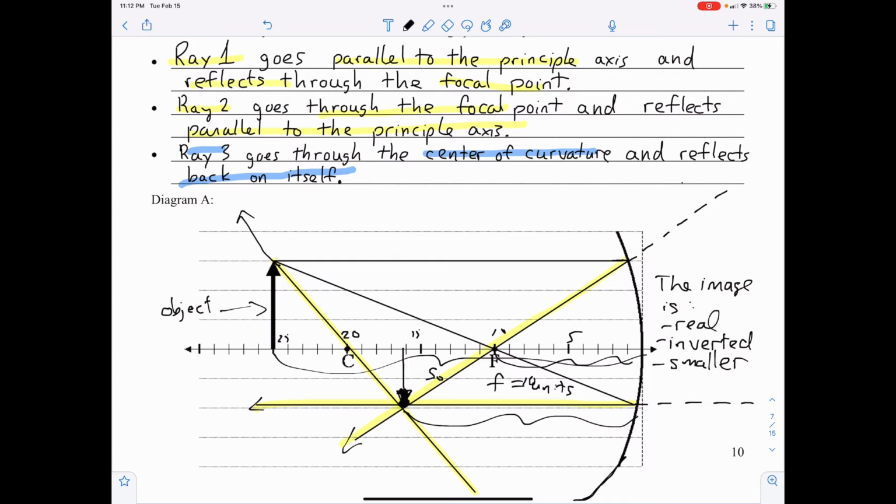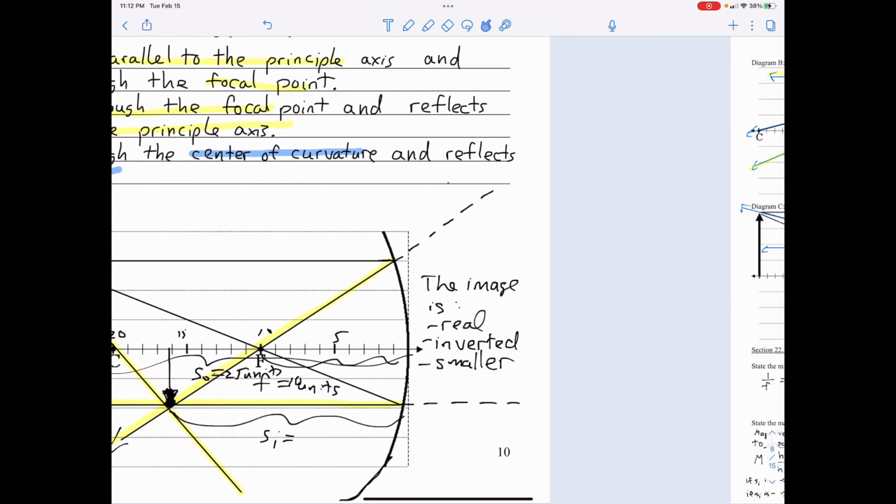It's roughly about 16, a little over 16 units away in front of the mirror. But we can confirm that with a calculation. SO, excuse me, is 25 units. You can see it's 25 units away from the mirror. So let's take all that information and write it down for a calculation.